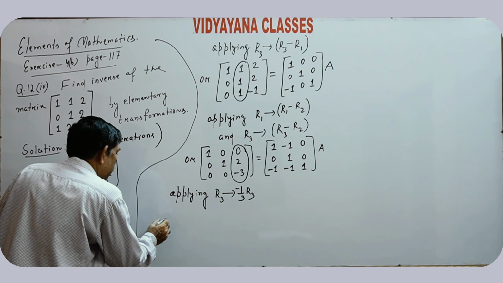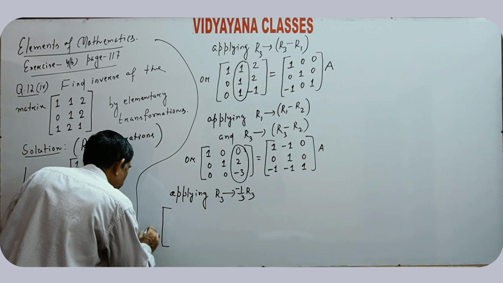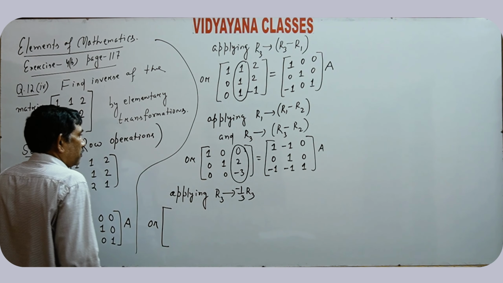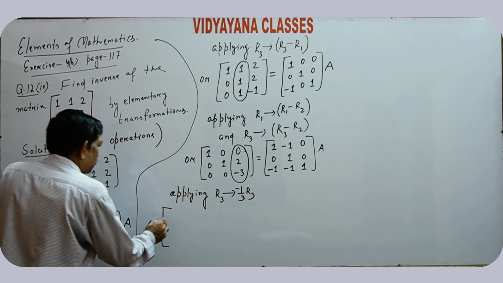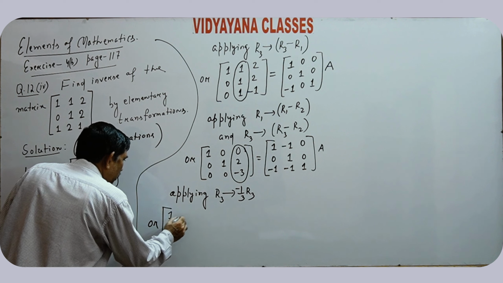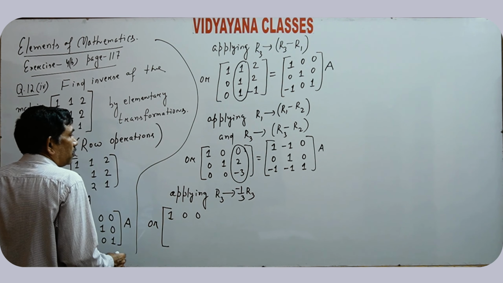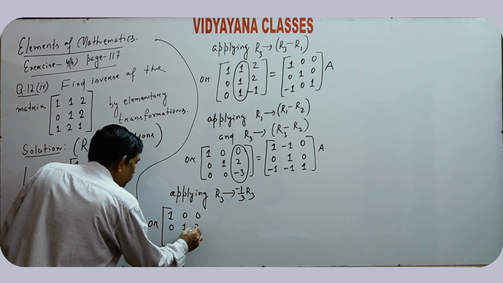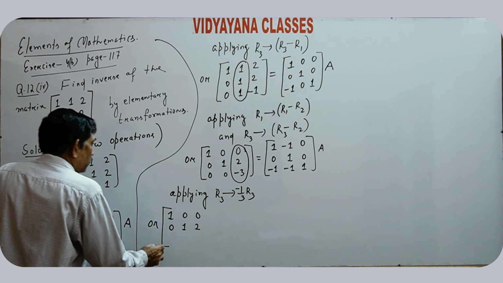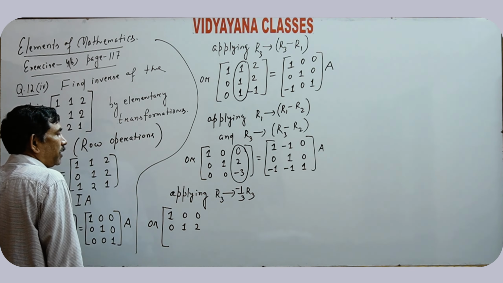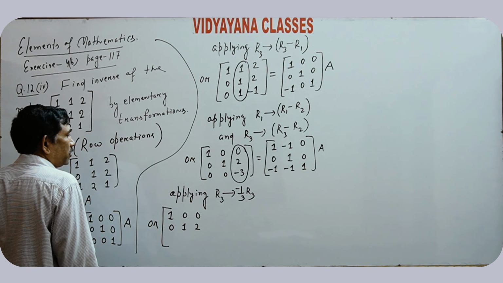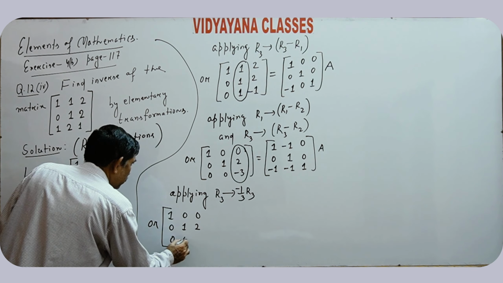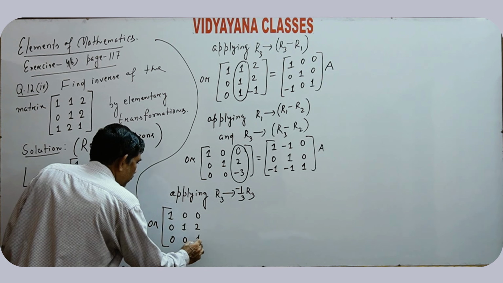It gives no change of row 1, that is 1, 0, 0. No change of row 2, that is 0, 1, 2. Row 3 is replaced by minus 1 by 3, 0, 0, 1.